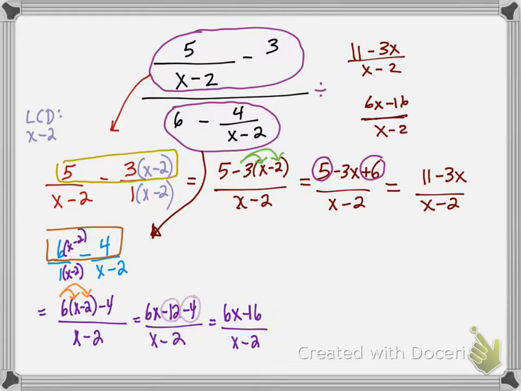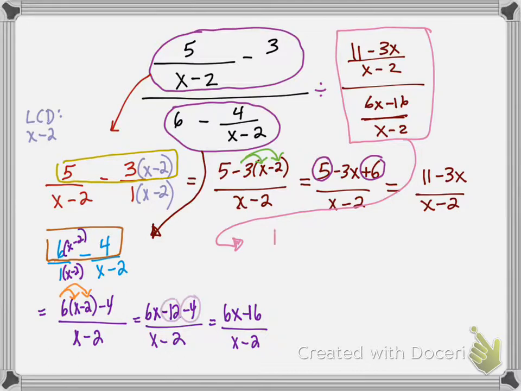And again, these are being divided, right? So I'm going to take this now, and let's actually rewrite that. So I have 11 minus 3x all over x minus 2, and that's being divided by, all I'm doing is changing this division symbol to this one, divided by 6x minus 16 all over x minus 2.